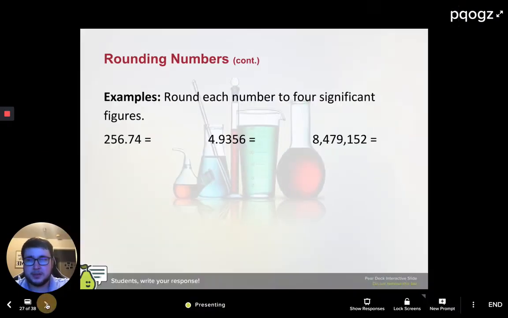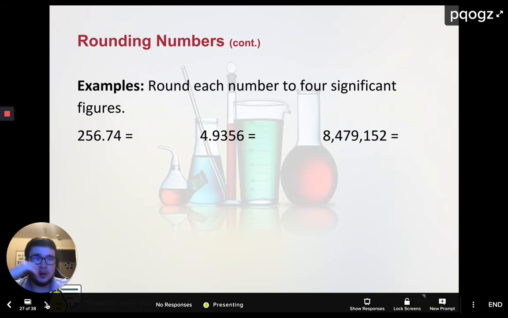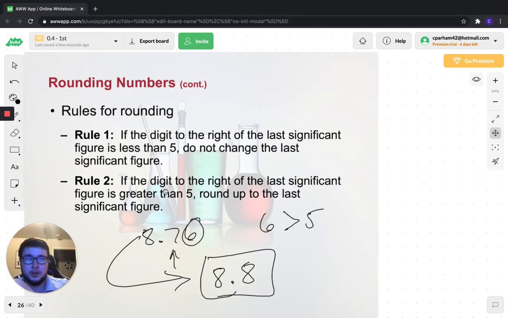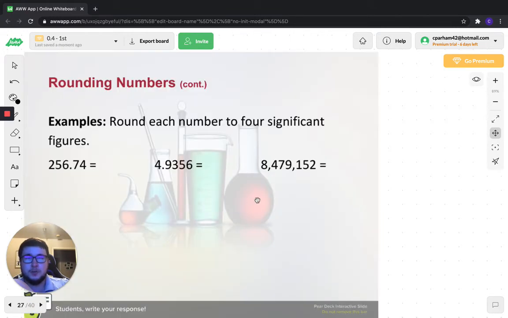Okay, next. What I want you to do now is round each number to 4 significant figures. So we need to count the number of significant figures in each number. Let's go ahead and show the first example, and then you can do the next two. I'm going to bring the first number down here so I have more room.